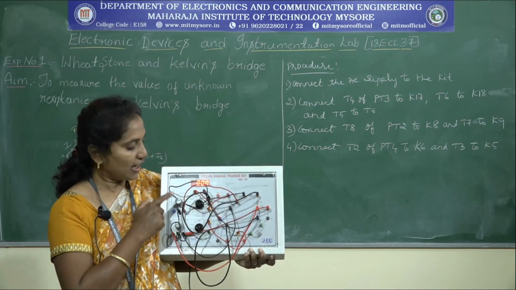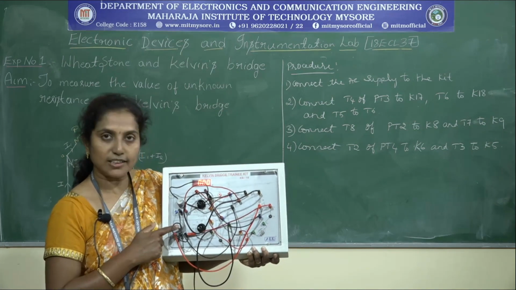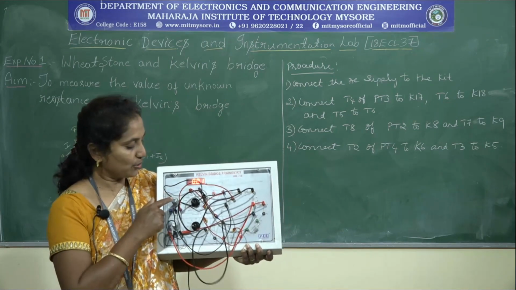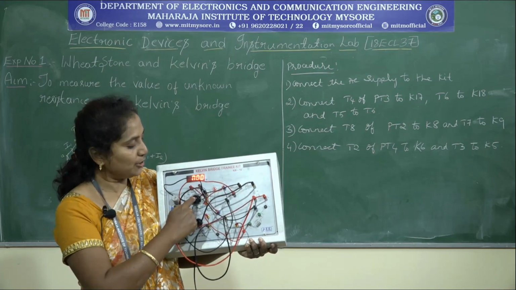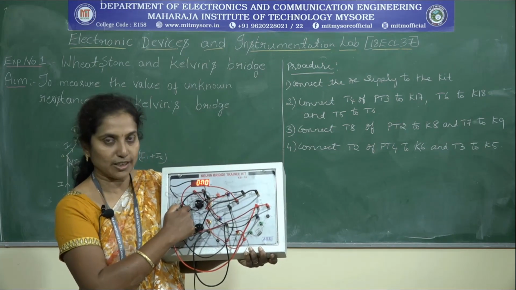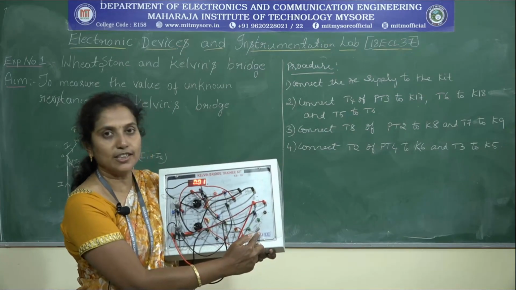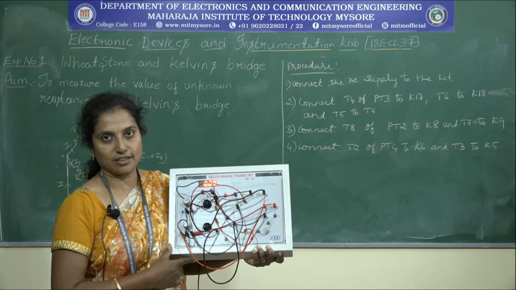How much have I kept here? 100 ohm I have kept, and this I have kept as 1 kilo ohm using the multimeter. So 100 ohm into 0.001, if I multiply, I get 1 ohm. So 1 ohm is my unknown resistance by using the Kelvin's bridge kit.